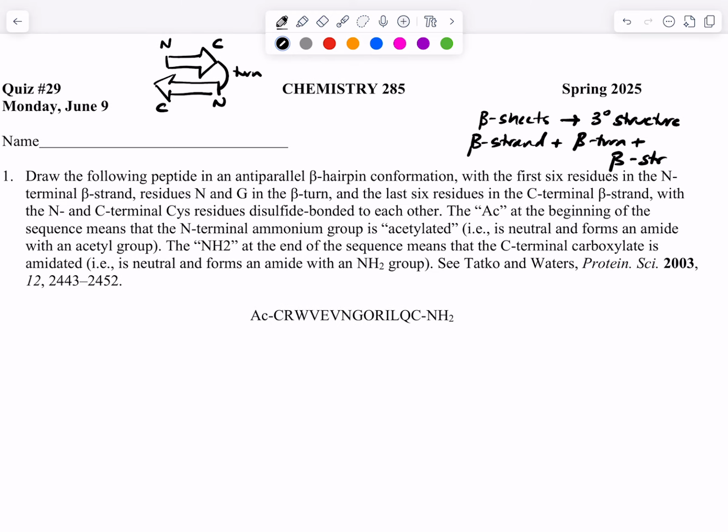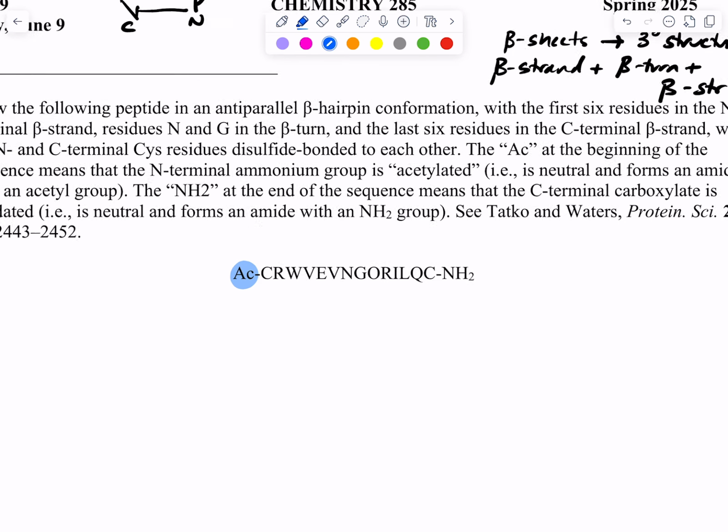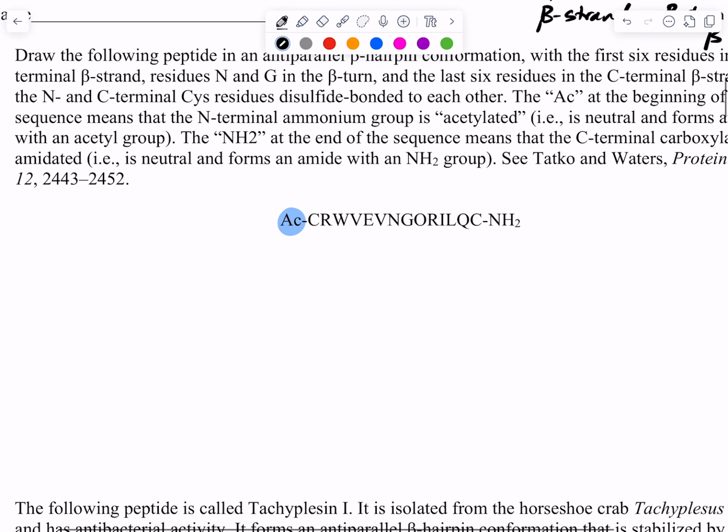A couple of things in the instructions to help you out. This AC symbol there stands for an acetyl group. So the AC at the N-terminal side of the sequence means that the N-terminal amino acid in your sequence, whatever it is, the ammonium group is not actually charged. It's tied up in an amide bond with an acetyl group.